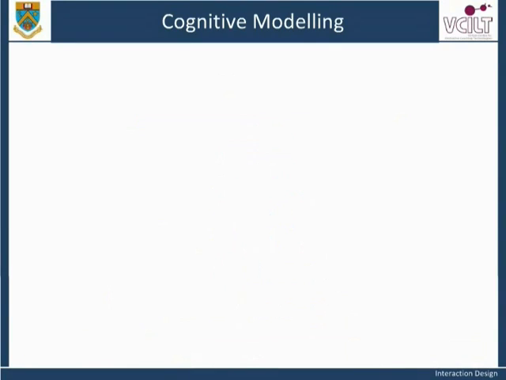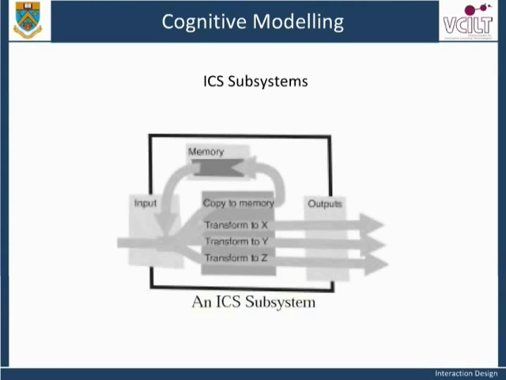Although each subsystem operates in different domains and on different kinds of information, they all share a common structure. Let's see a model of ICS subsystems. Each subsystem has an input to its left and one or more outputs to its right, as well as its own memory record and a set of transformations.